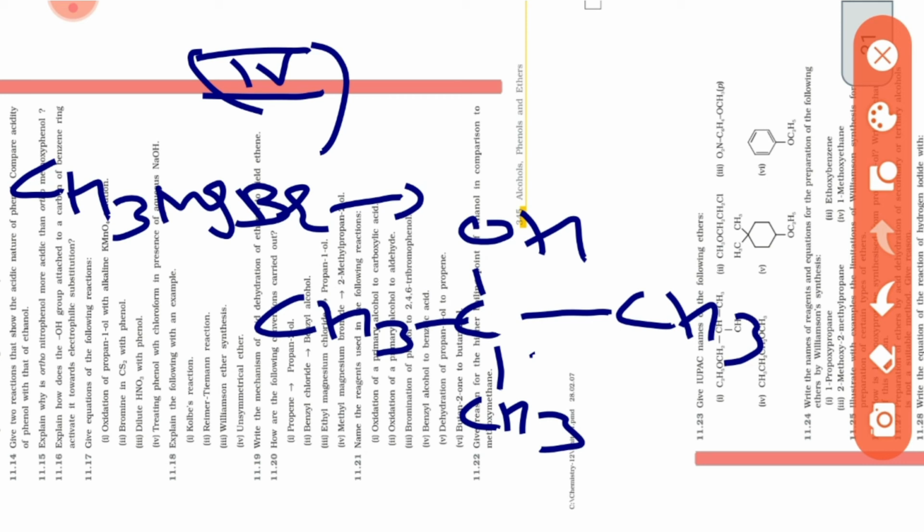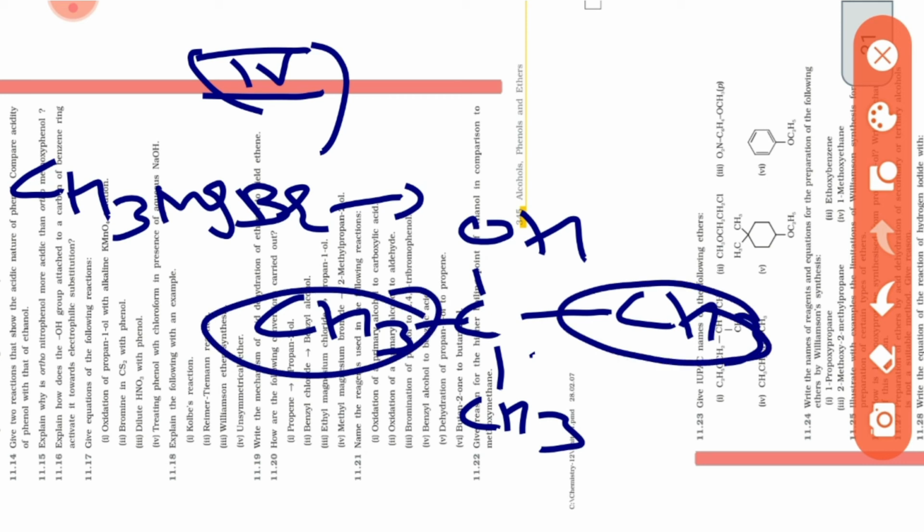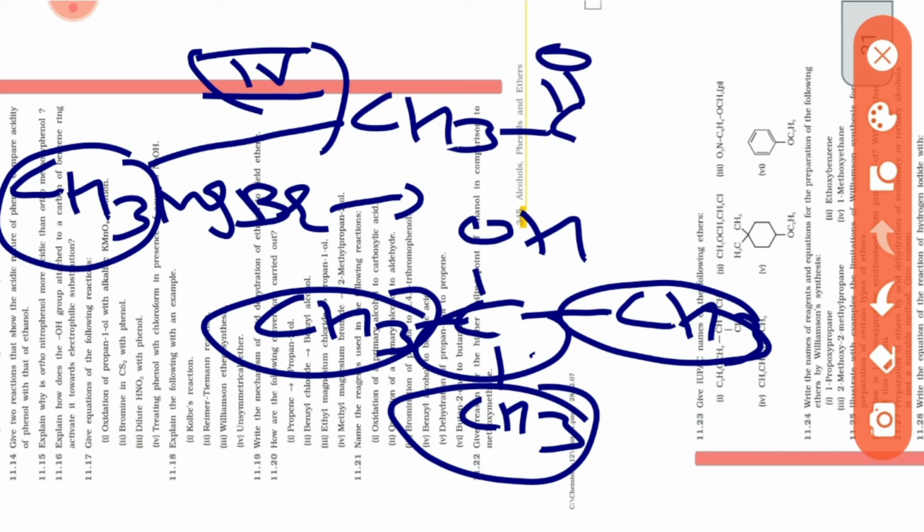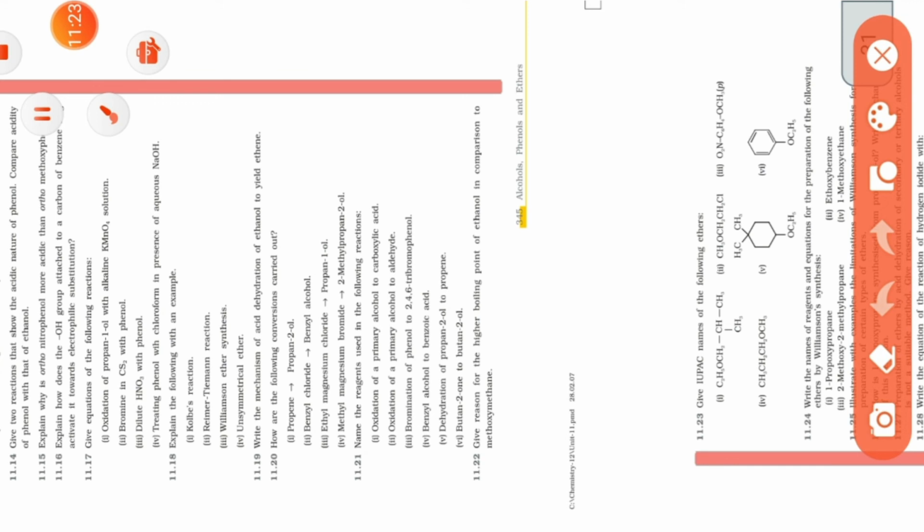Now what to do there? How many carbons does the product have? 1, 2, 3, 4, and the Grignard reagent contains only 1 carbon. So it means the other reactant should contain 3 carbons. So the other reactant should be a ketone. Understood my point? Clear? Okay students.